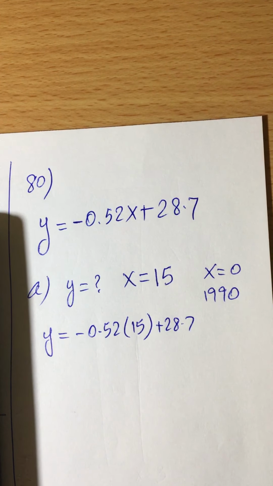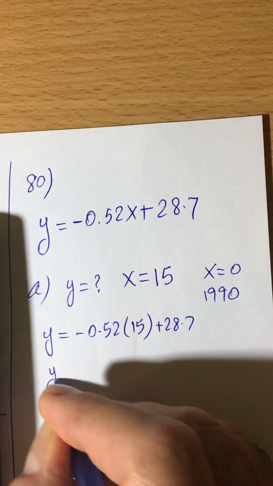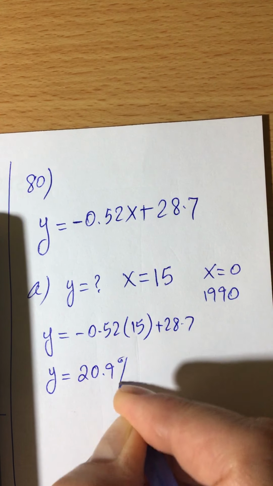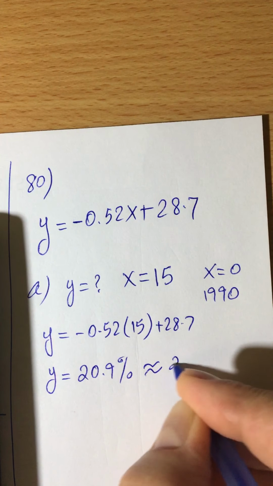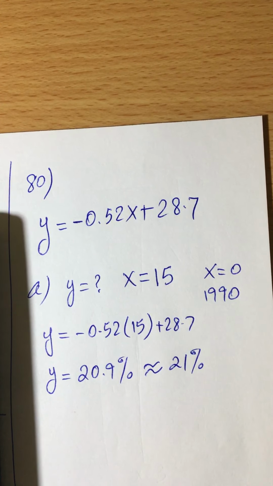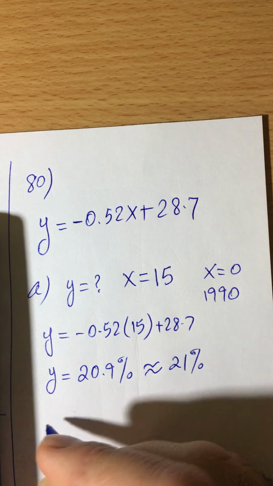And that gives you 20.9%. Remember, y is in percent, but the problem says y represents the percentage of smokers as a whole number, so you gotta round this up to 21%. So in the year 2005, it was 21% according to this model.